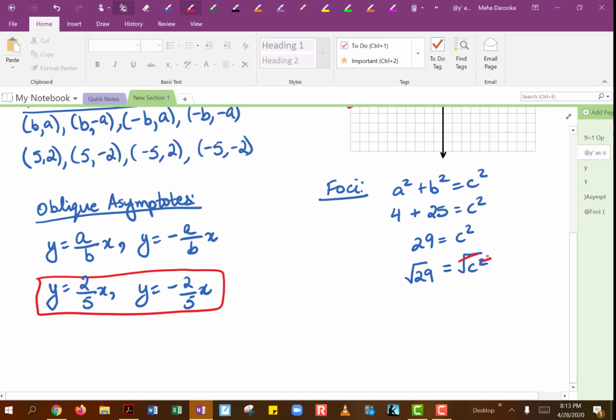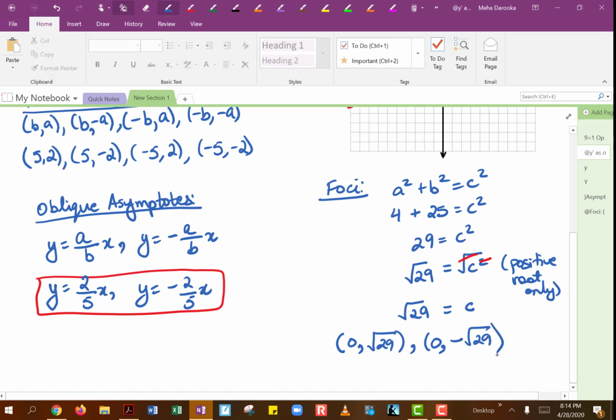And again, remember guys, we're only looking at the positive root here. So you end up getting c equals square root of 29. Now this is a hyperbola that opens up and down, which means our foci are going to be on the y-axis. So these ordered pairs would be (0, square root of 29) and (0, negative square root of 29). So here we have our foci.